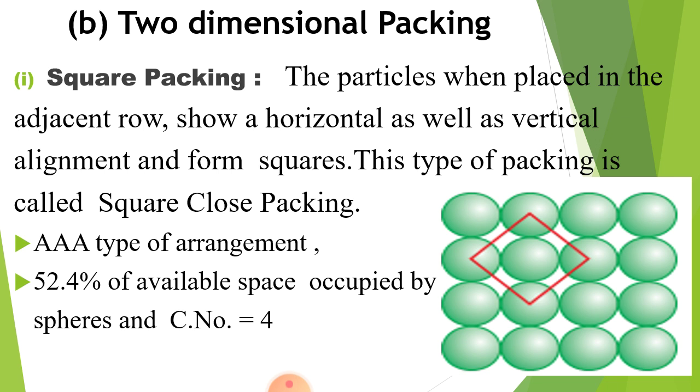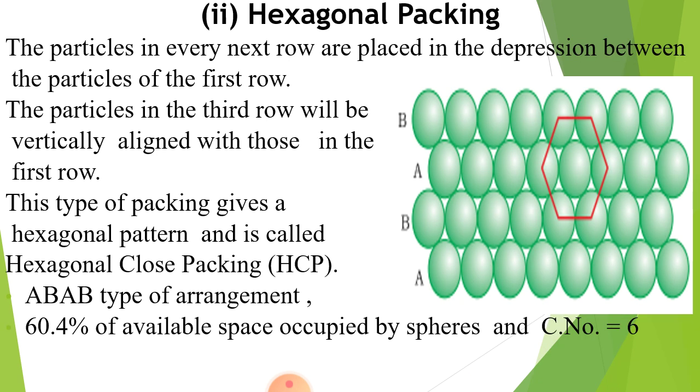The coordination number in this type of packing is 4. Now, the second condition in two-dimensional close packing is known as hexagonal close packing.